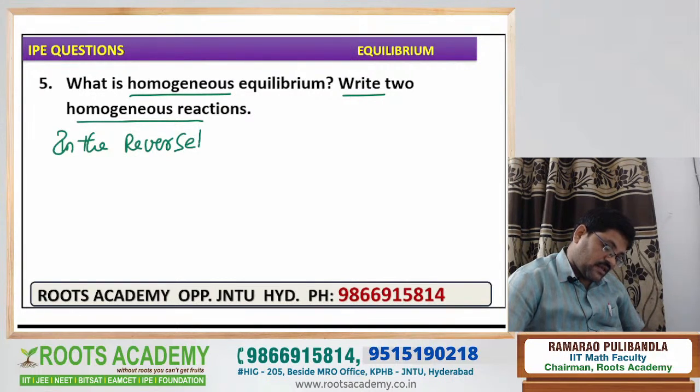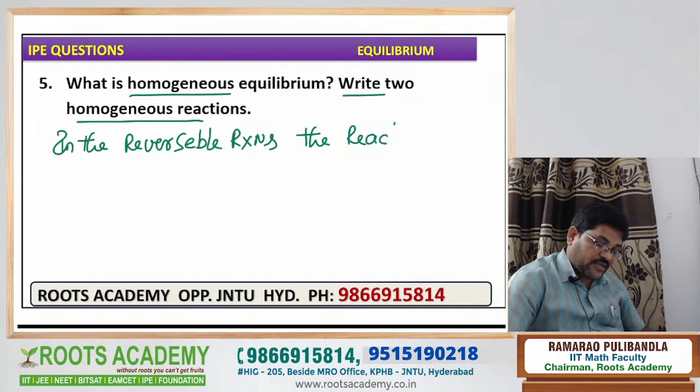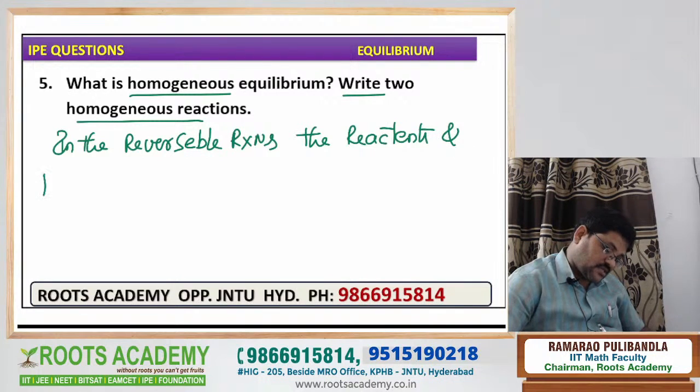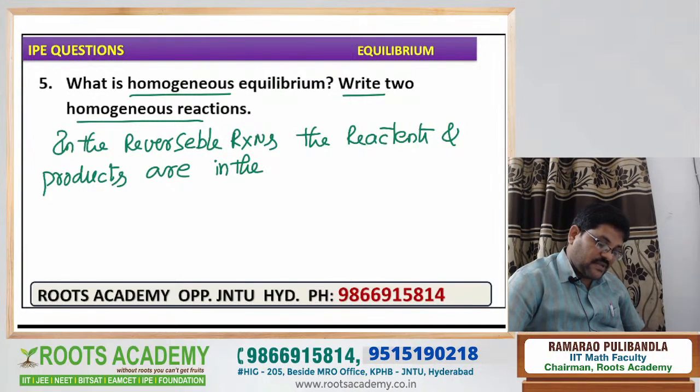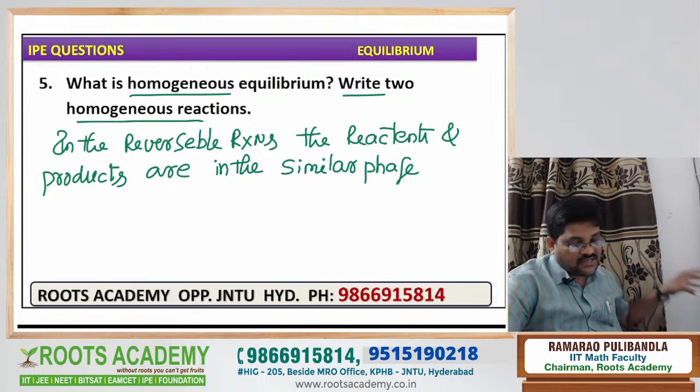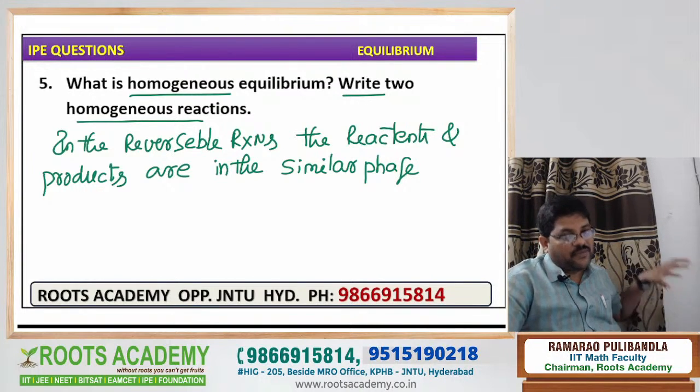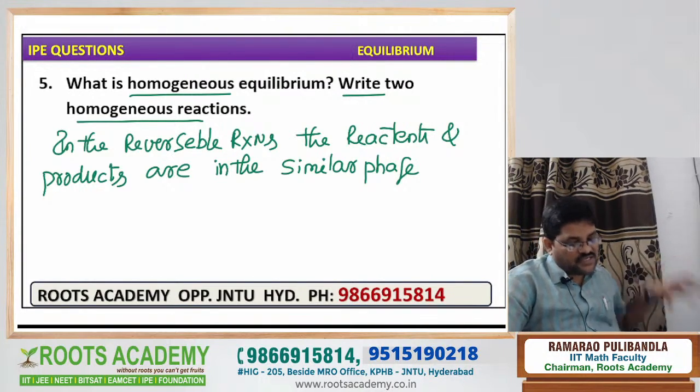In reversible reactions, the reactants and products are in the similar phase. What is the meaning of the similar phase? Reactants and products may exist in the same solid state, or the same liquid state, or the same gaseous state.